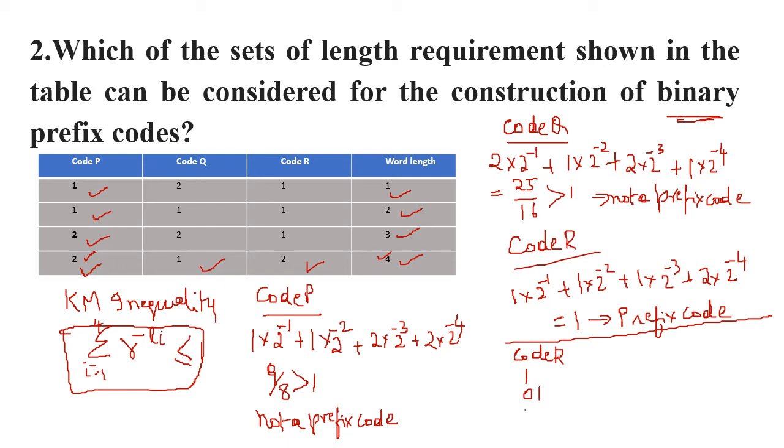One code word of length 3, so you can write it as 001, and you have two code words of length 4, so you can write 0000, and the last code word can be 1111. Sorry, you cannot write it as 1 because it is a prefix code. You can write it as 0001. So this will be the code for code R in your given problem.